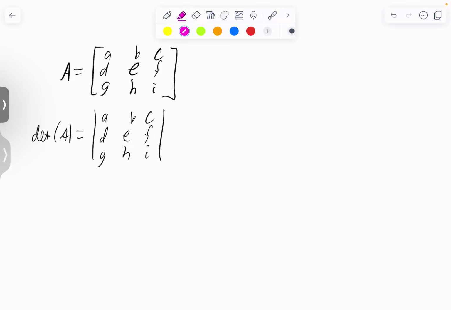There are so many different ways that we can do this, but I'm going to really stick to this. I'm going to start with A, and I'm going to take this row and this column, and this is going to be A times the determinant of what's left, E, F, H, I. Minus, and there's a reason there's a minus that I'm not going to get into.